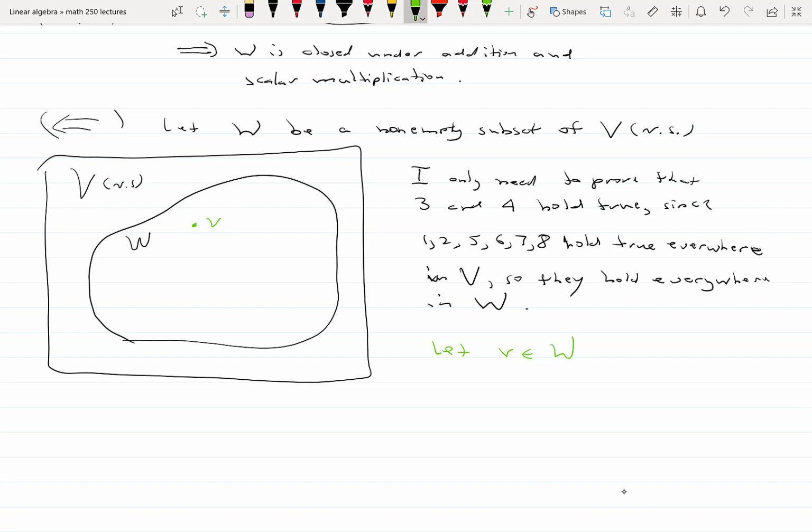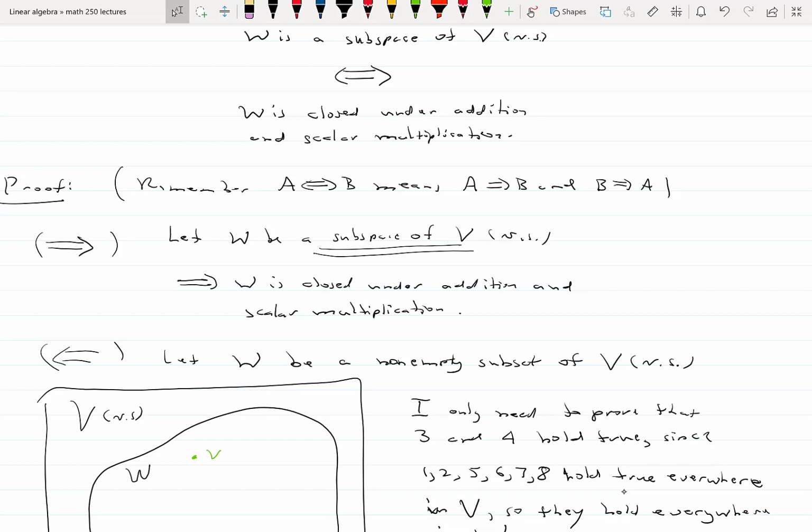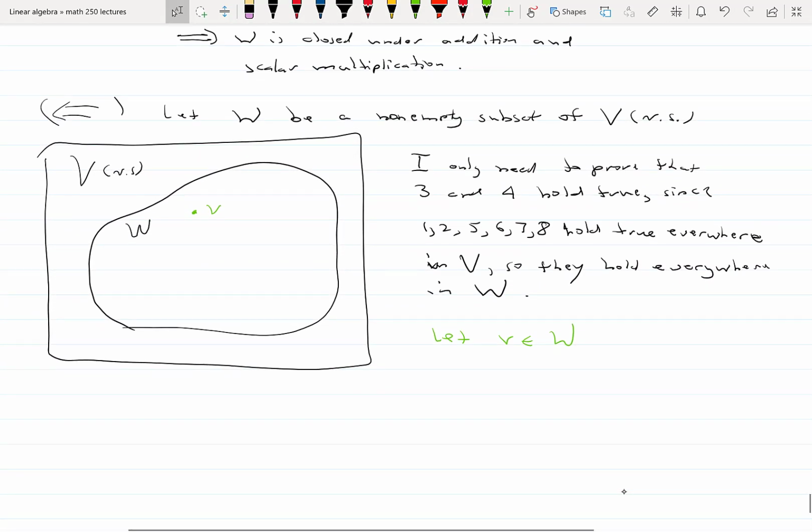Okay, so let V be in there. Now I'm assuming, remember, that I have the closure properties: closure under addition and scalar multiplication. So that implies that -1 times V is in there. Why?